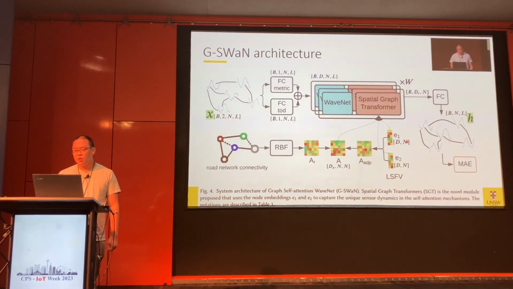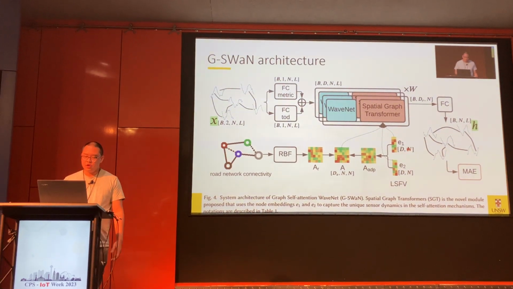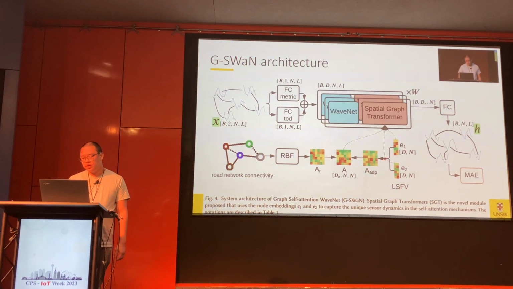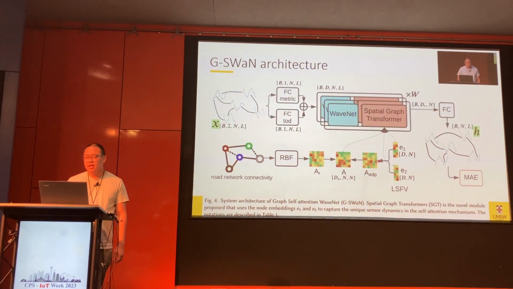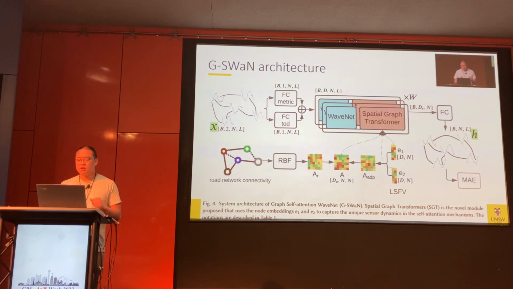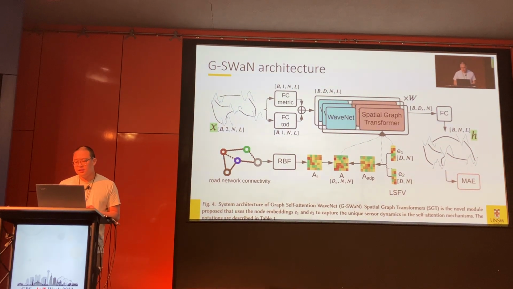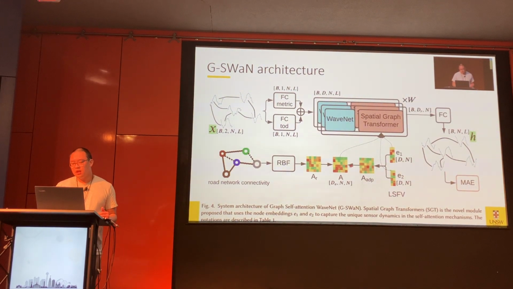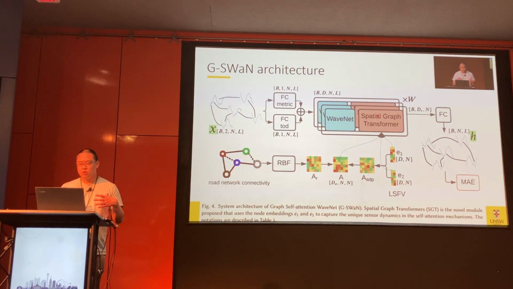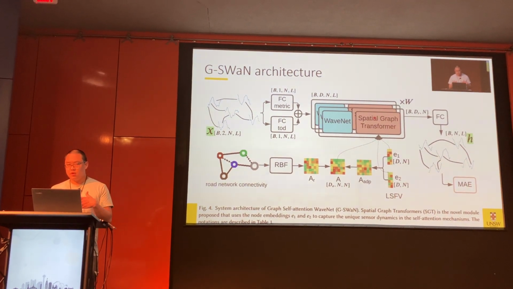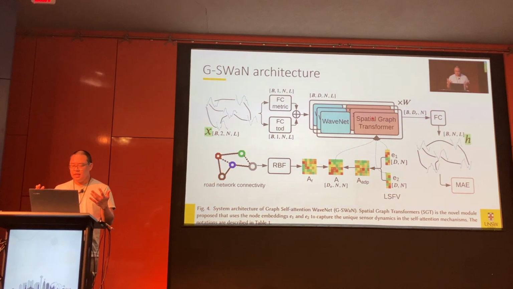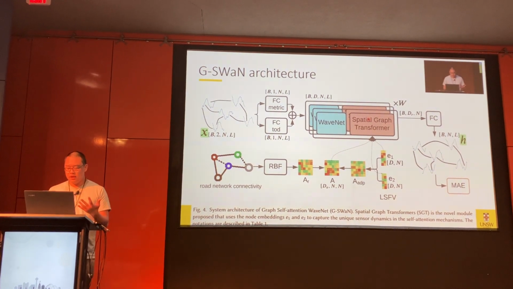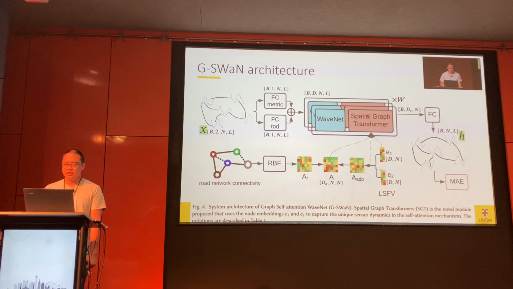What we do is a matrix multiplication to generate this adaptive matrix, and we simply concatenate them. So we have multiple adjacency matrices, and we use them to feed into the GNN in order to give it the spatial information of how the nodes are connected to each other.